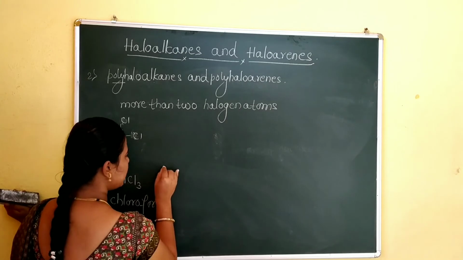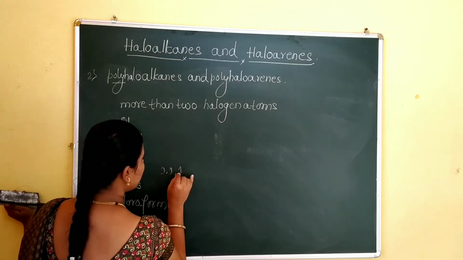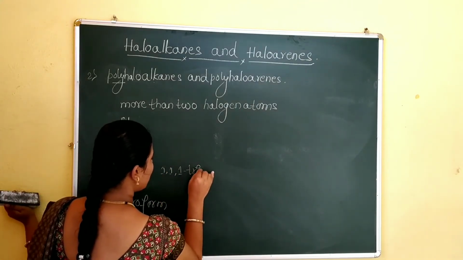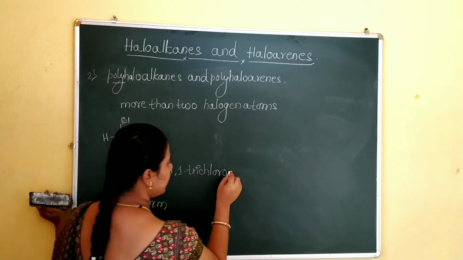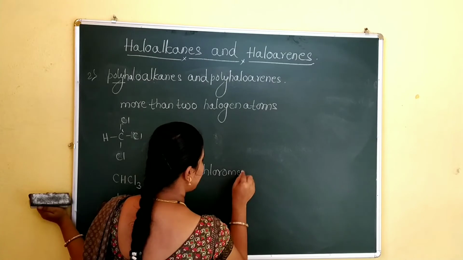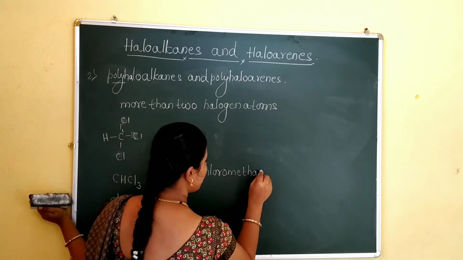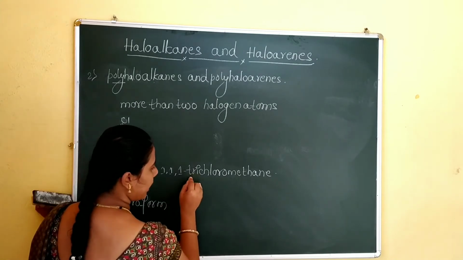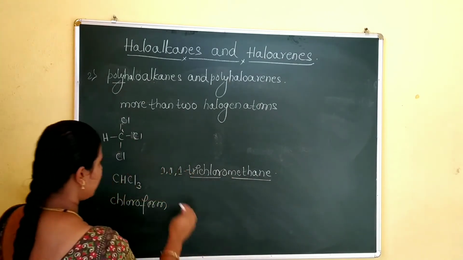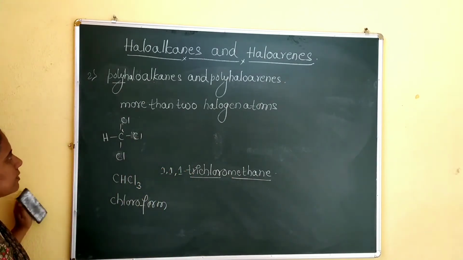Therefore, this is 1,1,1-trichloro. Only one carbon atom is there. Therefore, 1,1,1-trichloromethane, or simply trichloromethane, is the name of this compound. It is an example for polyhaloalkane.